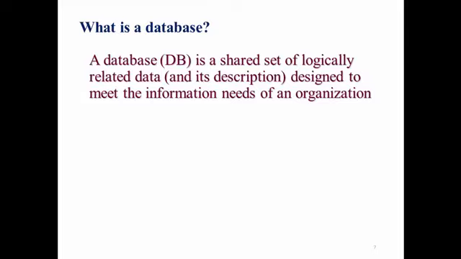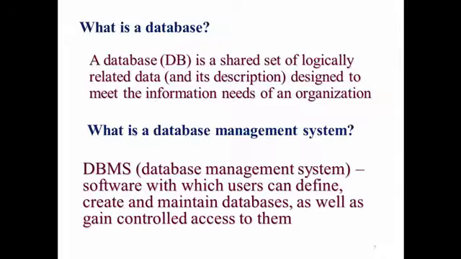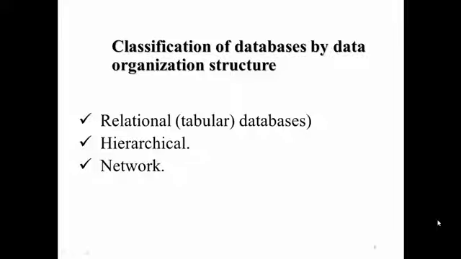A database is a shared set of logically related data designed to meet information needs of an organization. What is a database management system? A database management system is software with which users can define, create, and maintain a database, as well as gain controlled access to them. Classification of database by data organization structure. Relational database. Hierarchical. Network database.